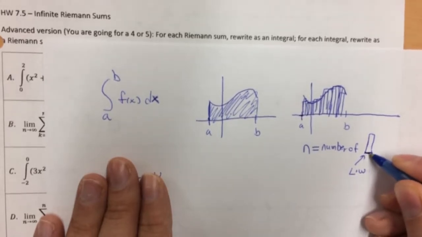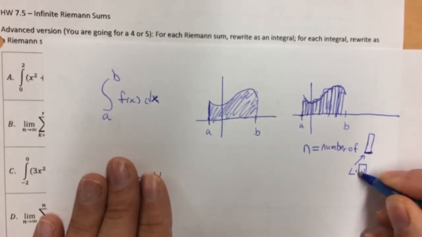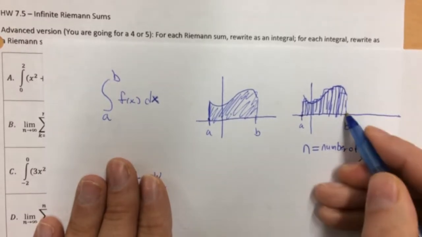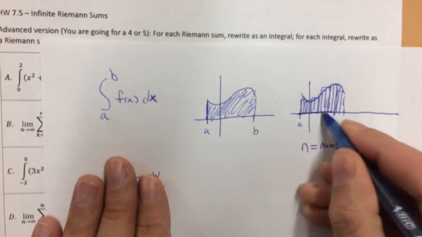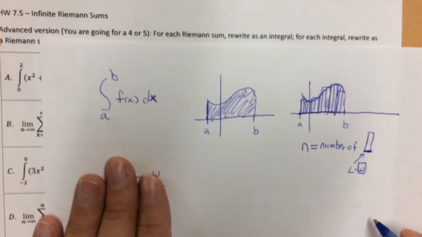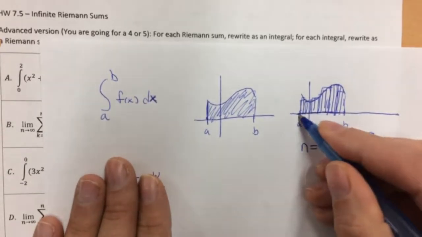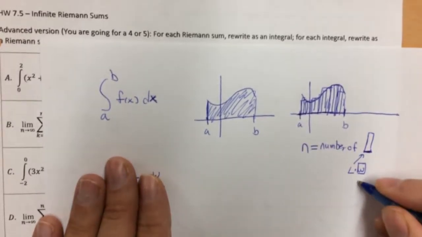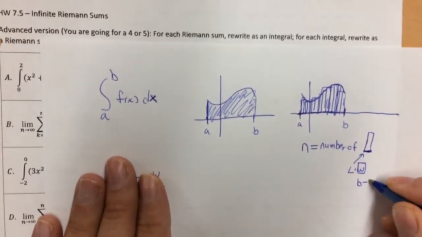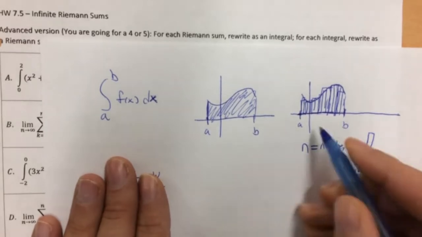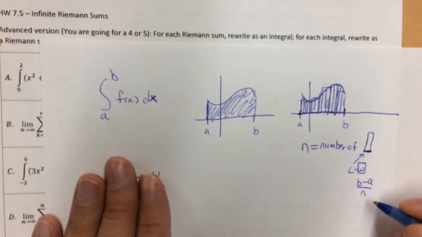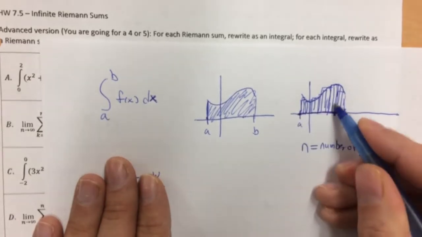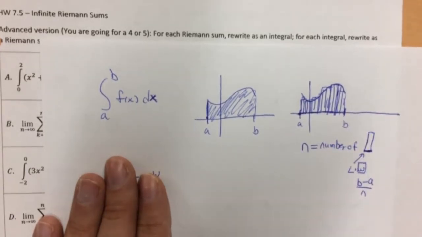And the width of the rectangle is always going to be the same thing: how much distance there is here divided by the number of rectangles. If the distance here is b minus a, the distance between b and a, then the width is always going to be b minus a divided by how many rectangles there are. If there are 4 rectangles, you're going to take this length and split it up into 4 parts. That will be the width.